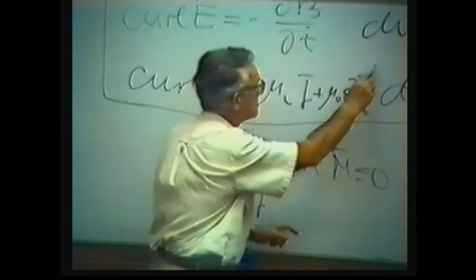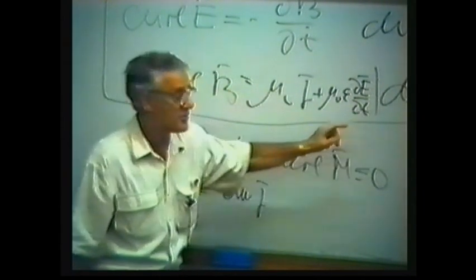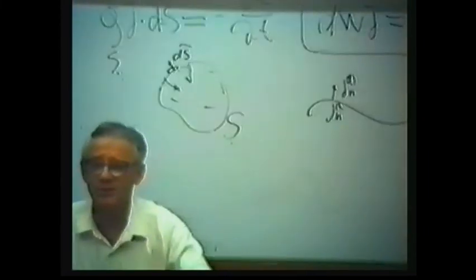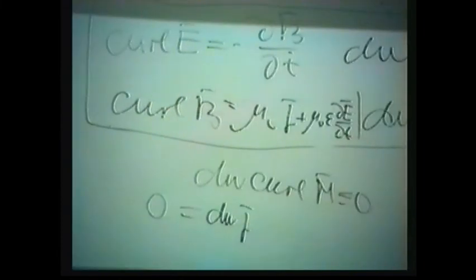If you add this term to the right part, then both equations will not contradict each other. So it's a story, not a scientific discussion, but it reflects a fact of life.